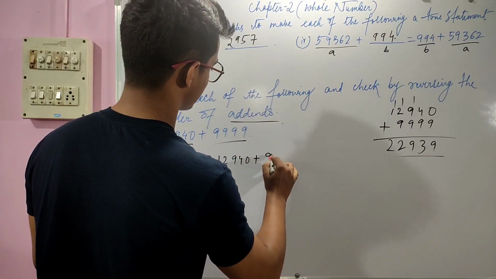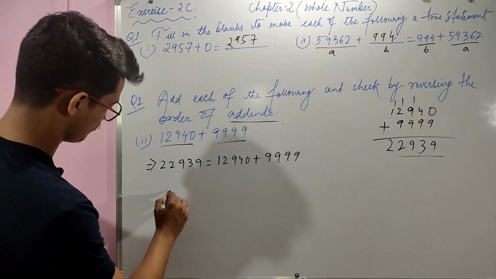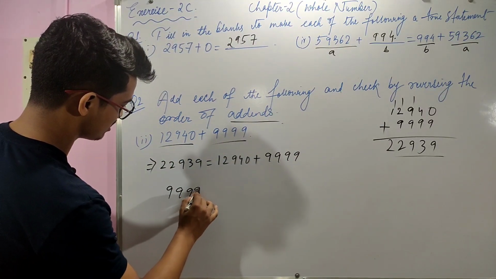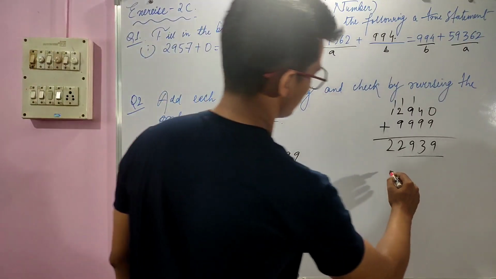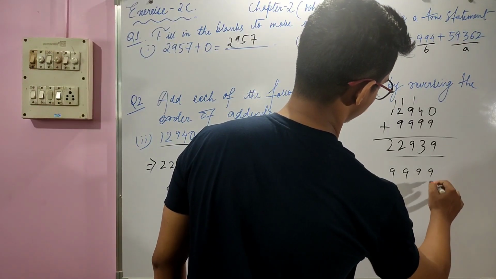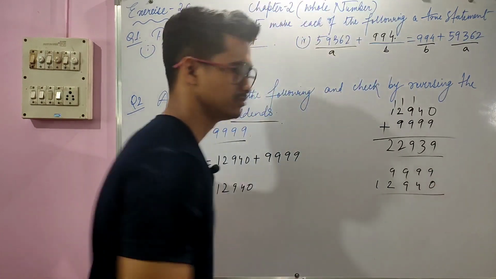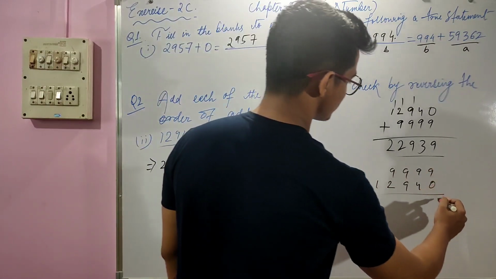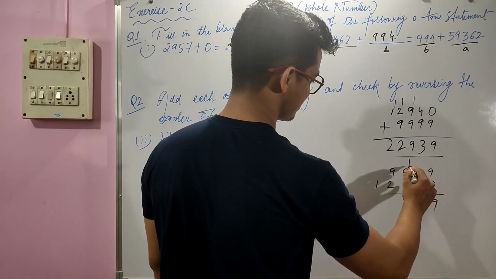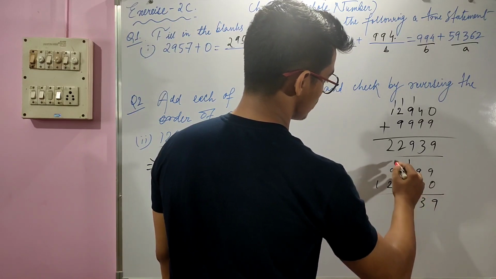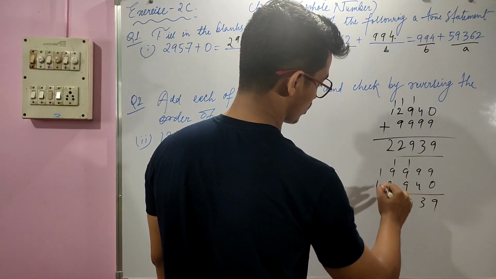So that is 12940 plus 9999. If I reverse this, 9999 plus 12940, what is the result? 9 plus 0 is 9, 9 plus 4 is 13, 1 carry, 9 plus 1 is 10, 10 plus 9 is 19, 1 carry, 9 plus 1 is 10, 10 plus 2 is 12 and 1 carry 2.